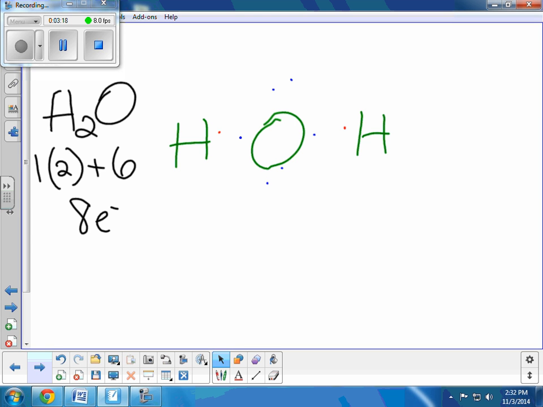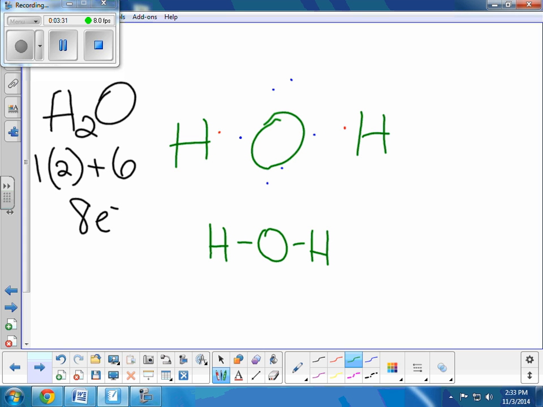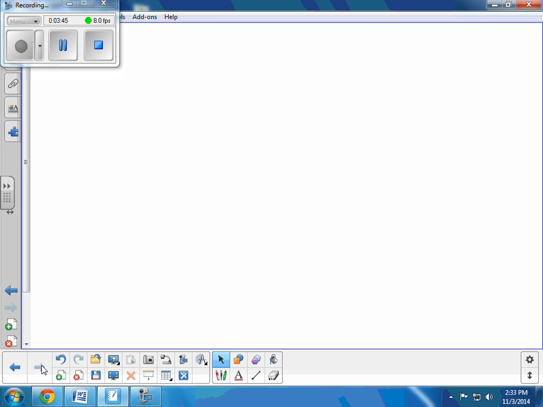And then do we have 2 electrons in between our hydrogen and our nonmetal? So everything checks out. Another way we can draw this, we can use dashes instead of dots to show our bonds, but we still must include our lone pairs of electrons. All right, and then the last example I'm going to do for you is another covalent compound.